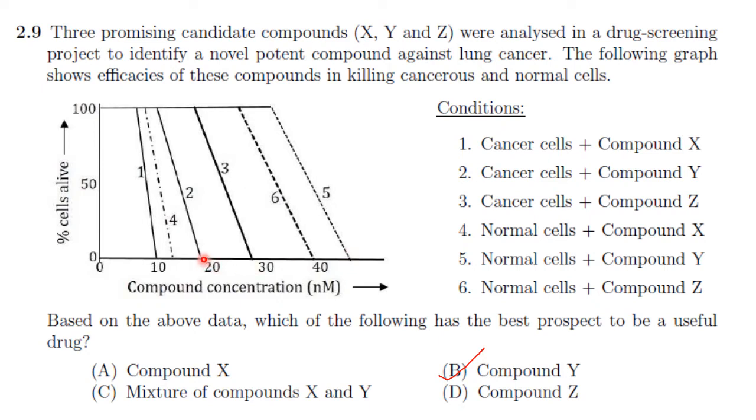But Y can be a good candidate for treating cancer. Why? Because at 20 nanomolar concentration it is killing the cancer cells, and only when the concentration goes up to 45 nanomolar is it killing the normal cells, not at 20 nanomolar. So compound Y will be the answer. So the answer is B, compound Y.